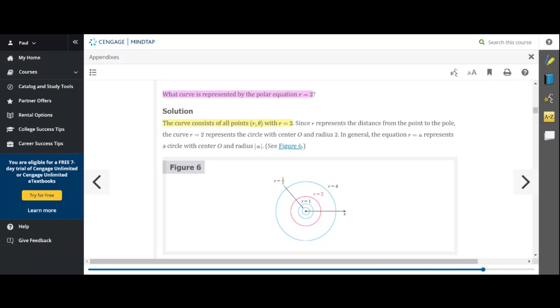What would the Cartesian equation be for a circle with radius 2? Can anyone chat out what the Cartesian equation would be? In figure 6, we have a red circle where radius equals 2, centered at the origin. What would the equation of the circle be with x and y? What would the corresponding equation be?